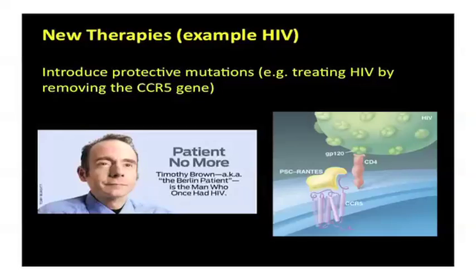These are 2 different receptors on the immune cell. It turns out that one of the receptors, CCR5, is not so important for a person to live a very healthy life, because there are individuals who are naturally devoid of the CCR5 protein. So what that means is that we can get rid of the CCR5 using genome editing, and then the virus wouldn't be able to infect the patient.